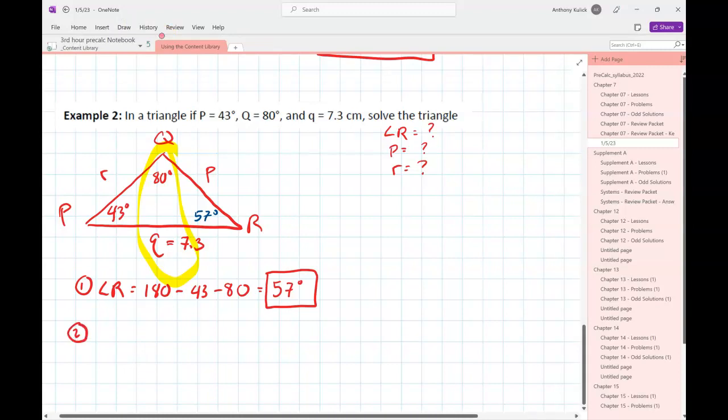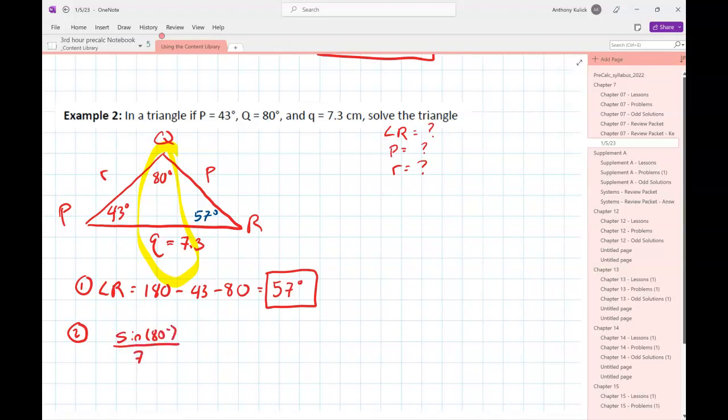All right. So I know that I'm going to be using angle Q and side Q, because those are the two that I have that are opposite each other. And it doesn't matter whether I find side R first or side P first. For the sake of argument, let's find side P first, because I could have done that as my very first step.